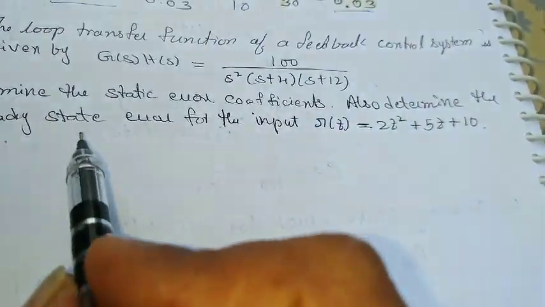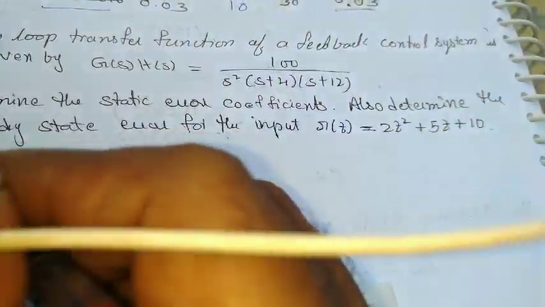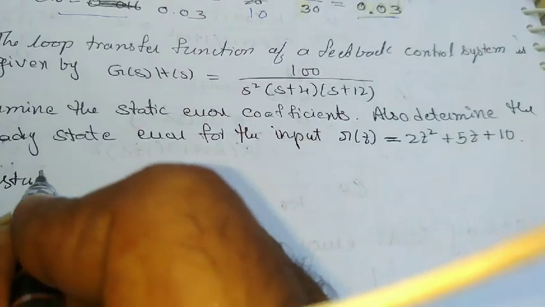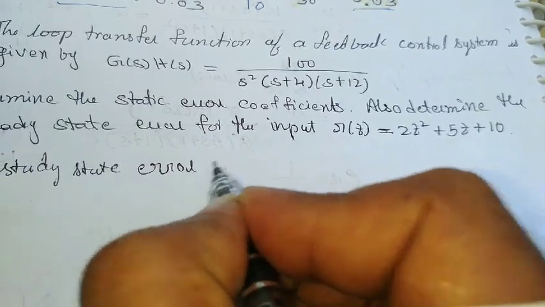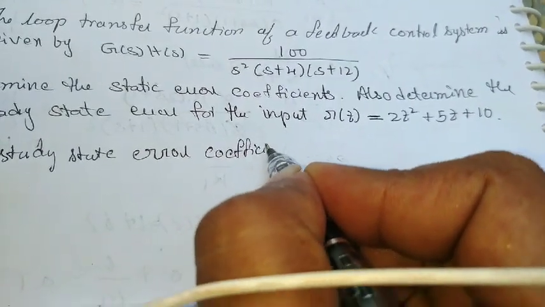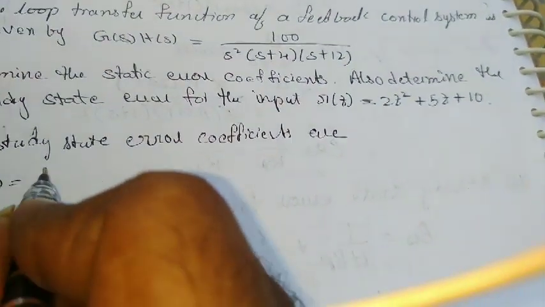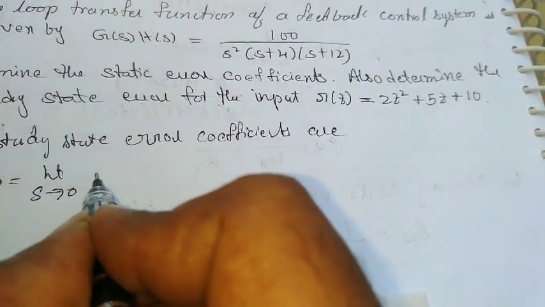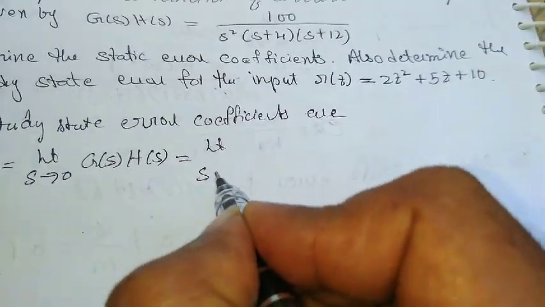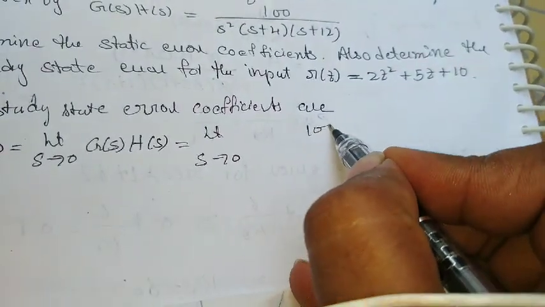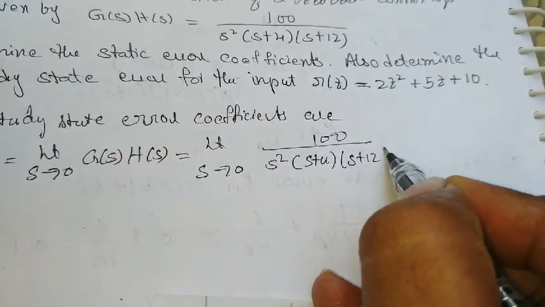So first we have to find out the steady state error coefficients. The steady state error coefficients are Kp, that is limit s tends to 0, G(s)H(s), which is limit s tends to 0 of 100 divided by s square into (s plus 4) into (s plus 12).